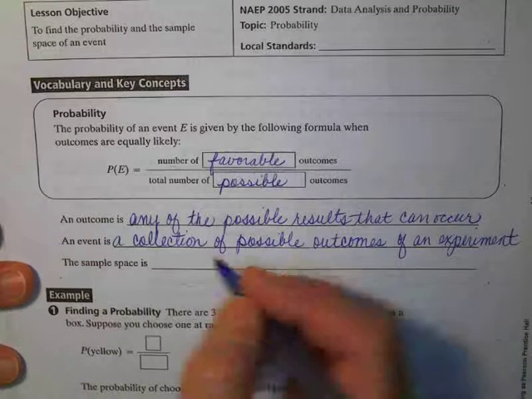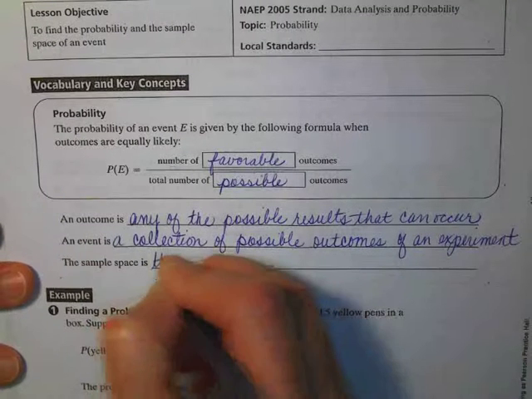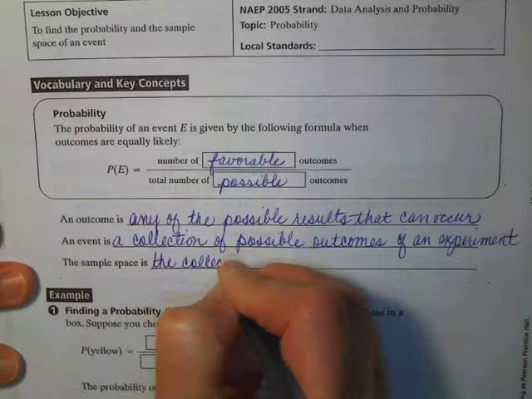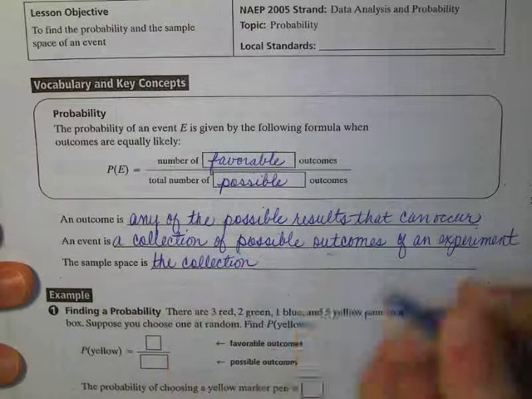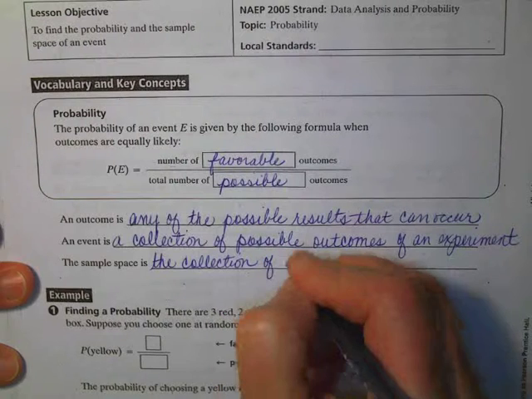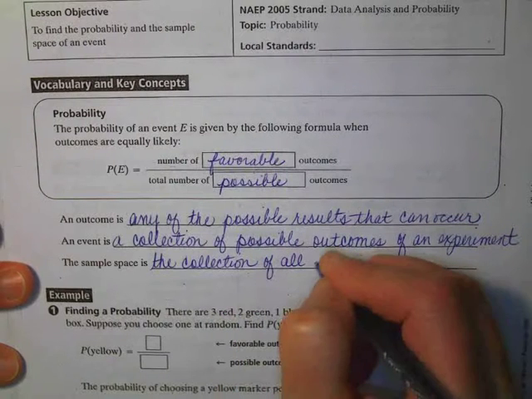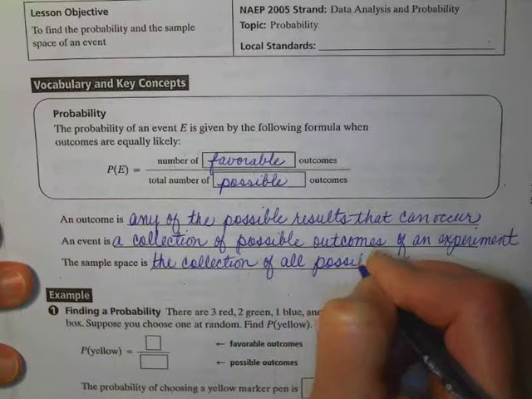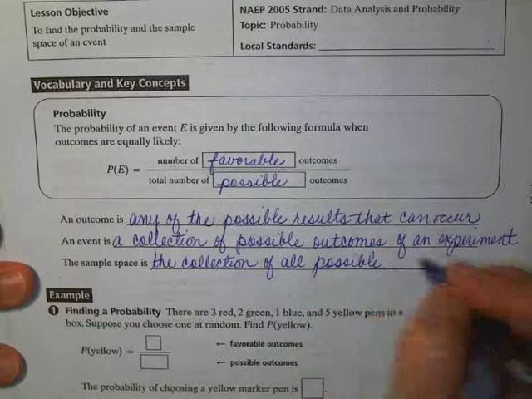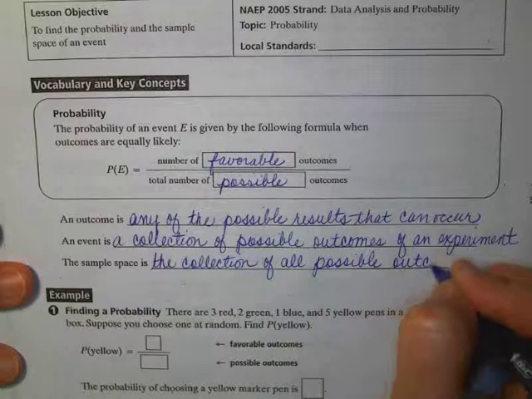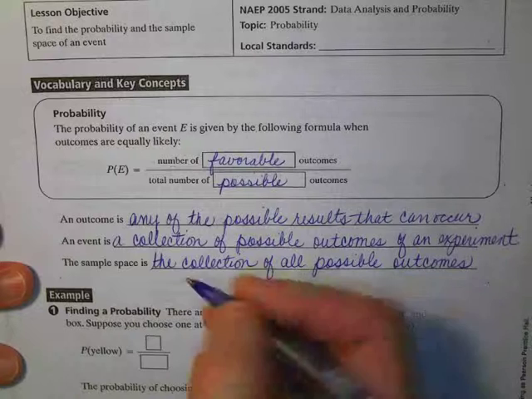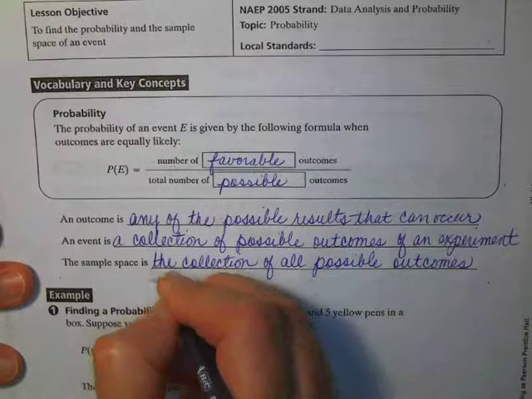And finally, the sample space is the collection of all possible outcomes in an experiment.